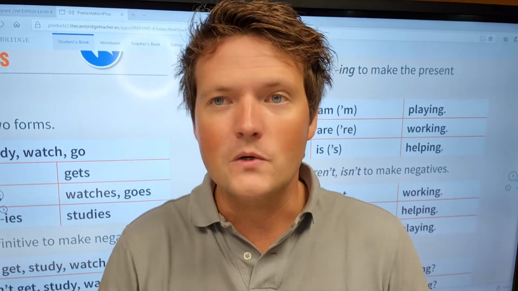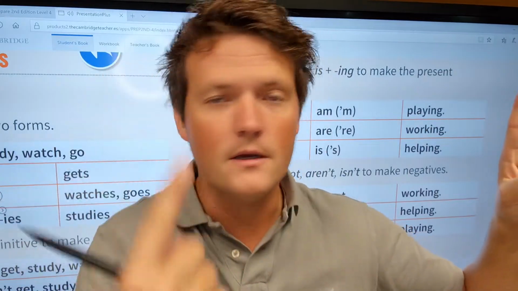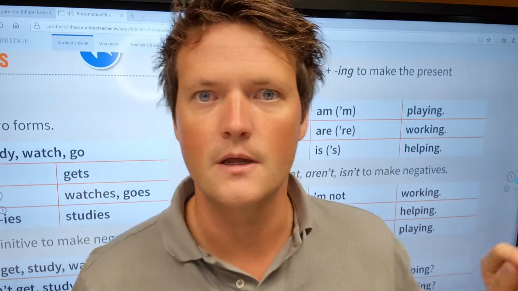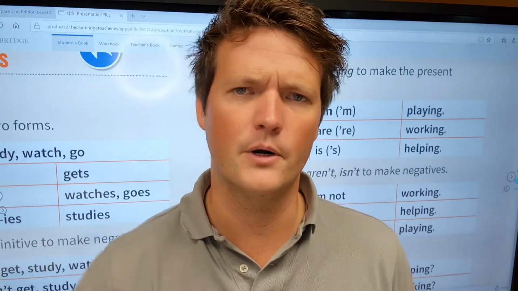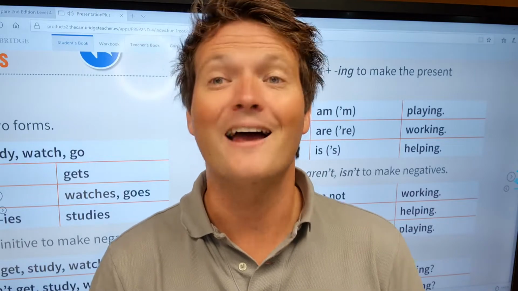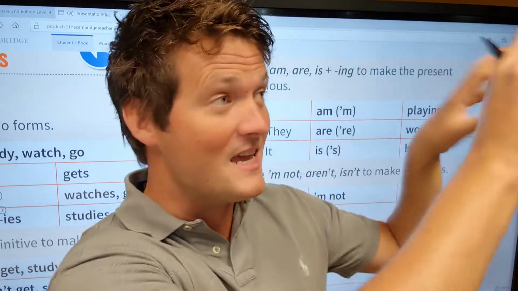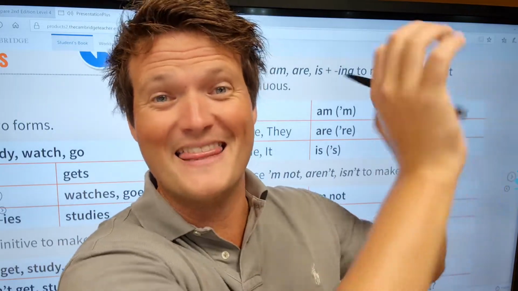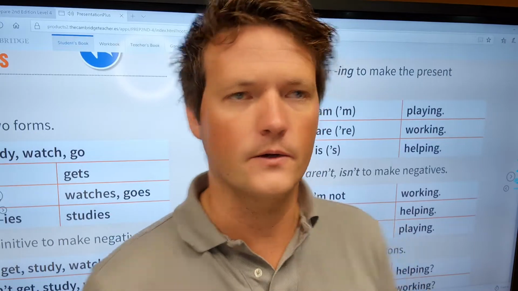And then when we're talking in third person, when we're talking about one other person, you and me are talking about another person, that's is, right? The television is broken. She is a good student, right? And are for everything else. You are. They in the other class, those people over there, they are. We, all of us, are. Yes? Okay, so remember that.